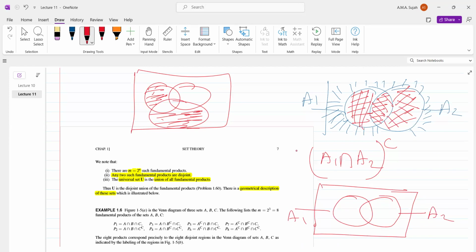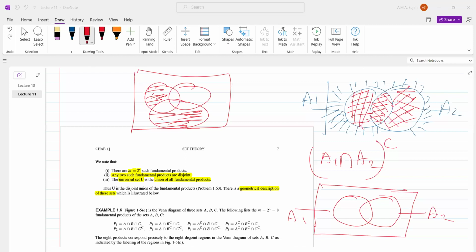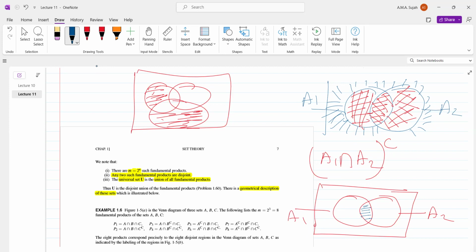Then A1 intersection A2 means this area. The complement of this area means you omit the intersection area, and it will consider all the rest of the area. So is it correct? Wrong.